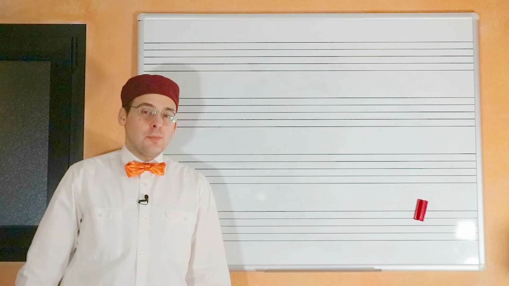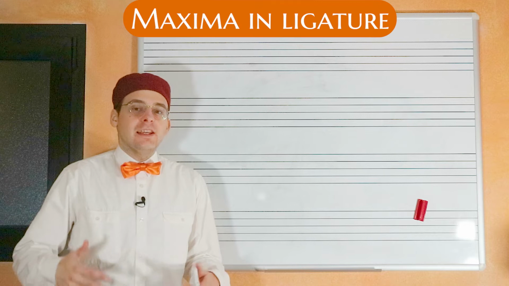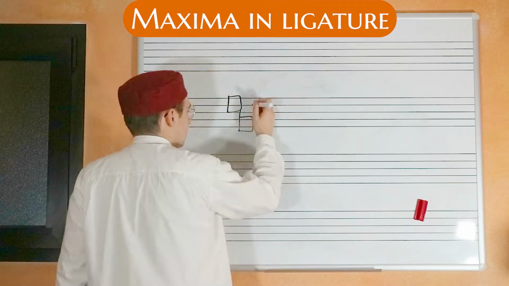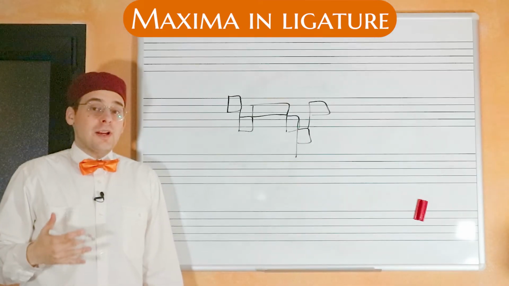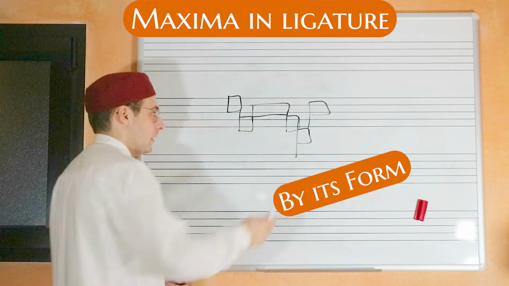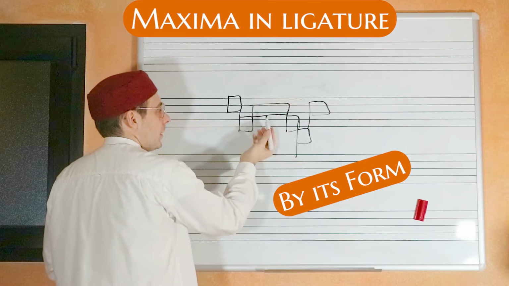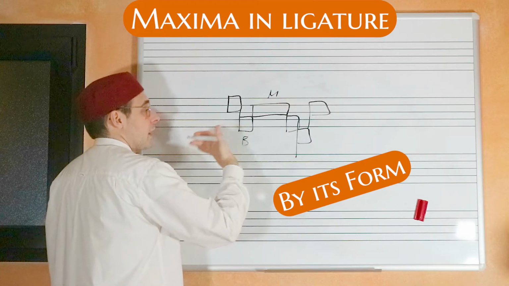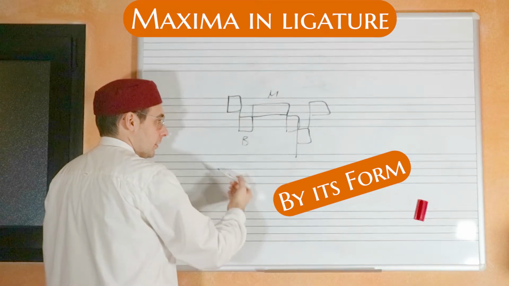As I said in the previous video, I can write in ligature also the maxima. But how can I do it? We can recognize a maxima by its form. So this is a maxima because of its form. This is a brevis because it is a middle note without any sign.